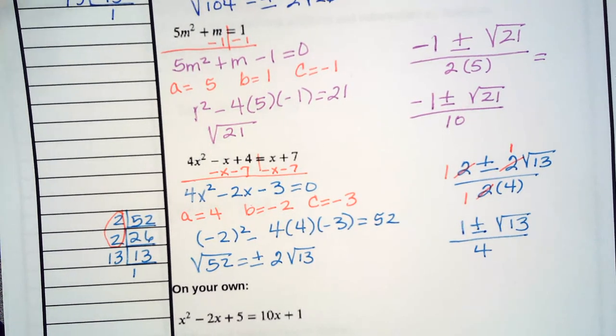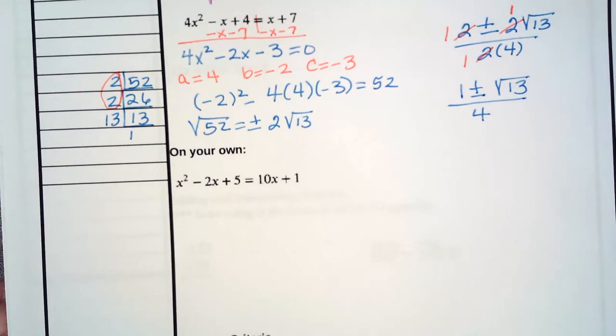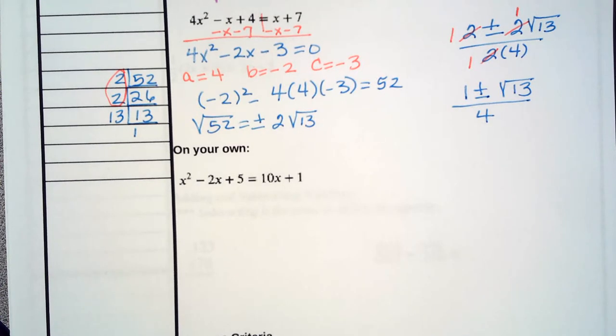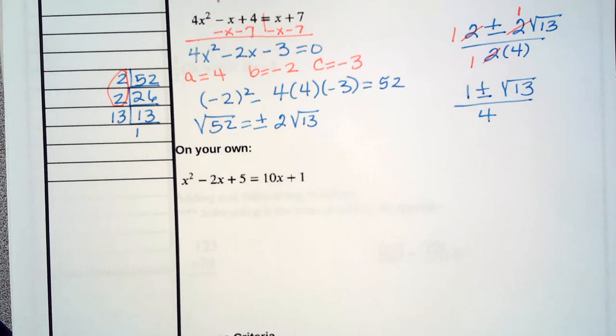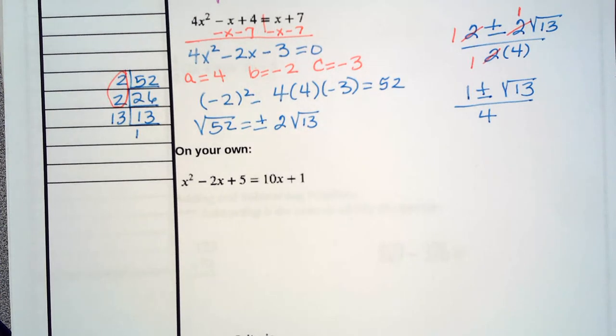Now, if you have not done it yet this time, you really need to try to do the next one on your own. Pause the video and think of your steps. Step 1, set equal to 0. Step 2, find your a, b, and c. Step 3, find your discriminant. Step 4, square root your discriminant. Step 5, put it all together in the formula.